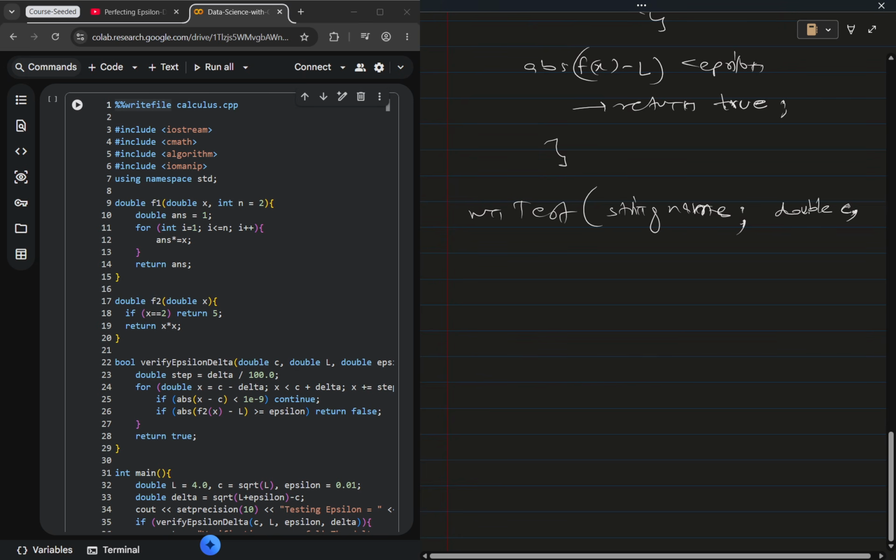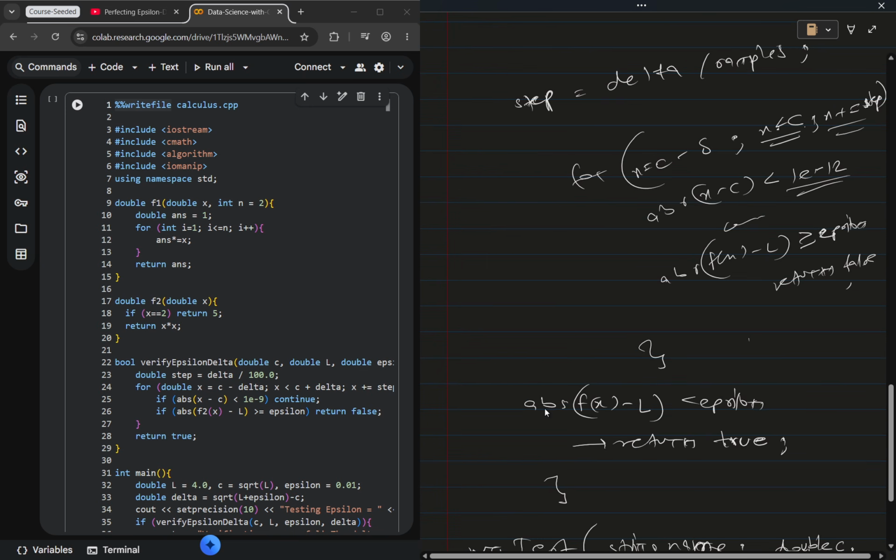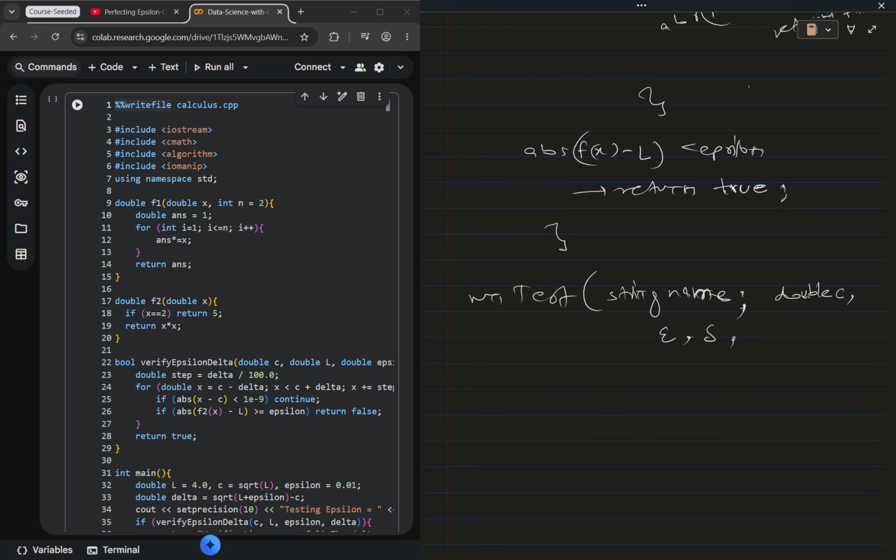So double c, then you have your epsilon. Let me just write these symbols for now, delta, and you can also take some complete function over here. Suppose this function you want to take fx, then you can take that as well.